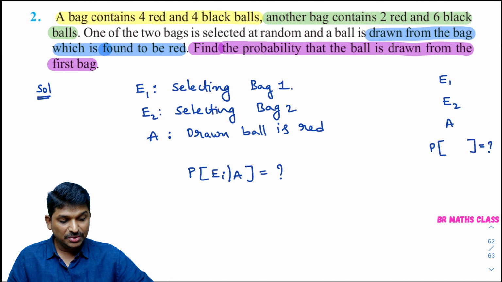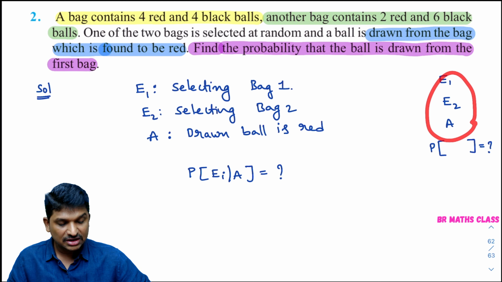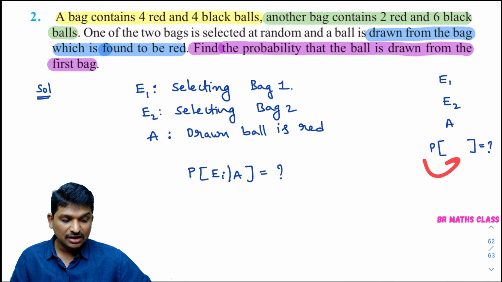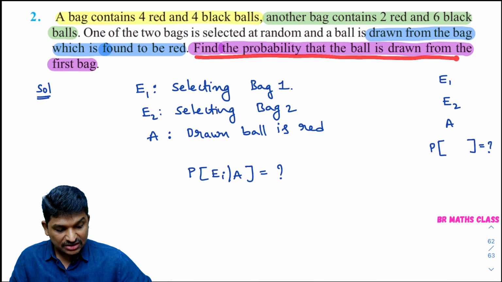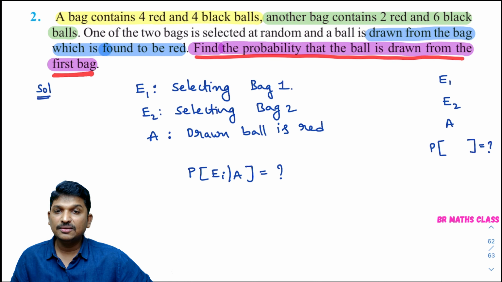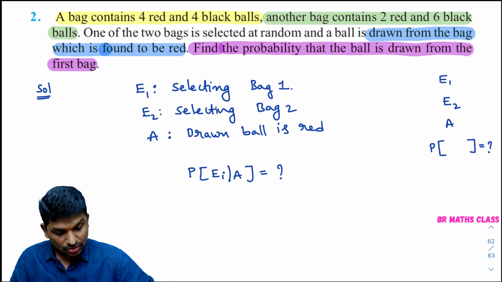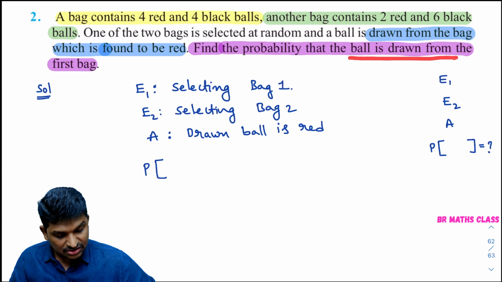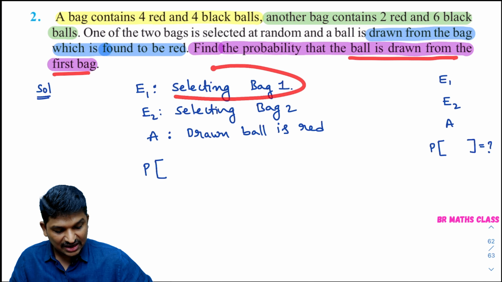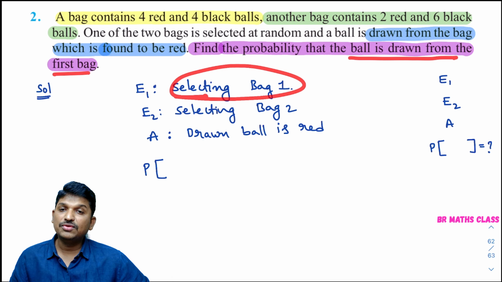Now what is to be calculated? You see, you identified already these three things. What is to be calculated? Find the probability that the ball is drawn from first bag. I'll write probability of what they're asking: ball is drawn from first bag.